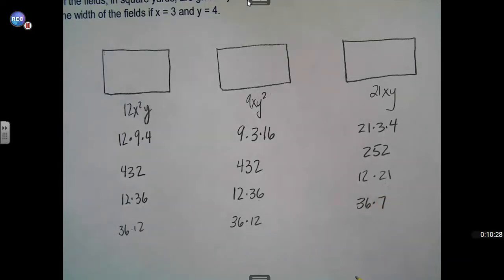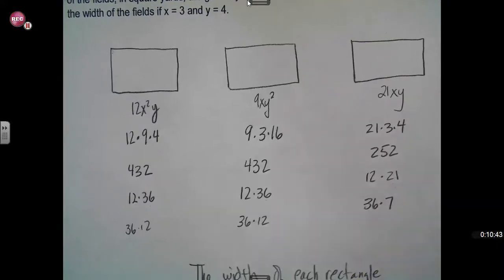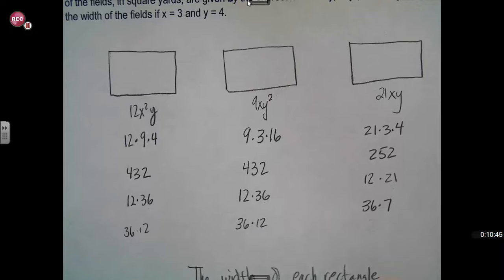Their greatest common factor is 36. So the width of each one is 36 units.